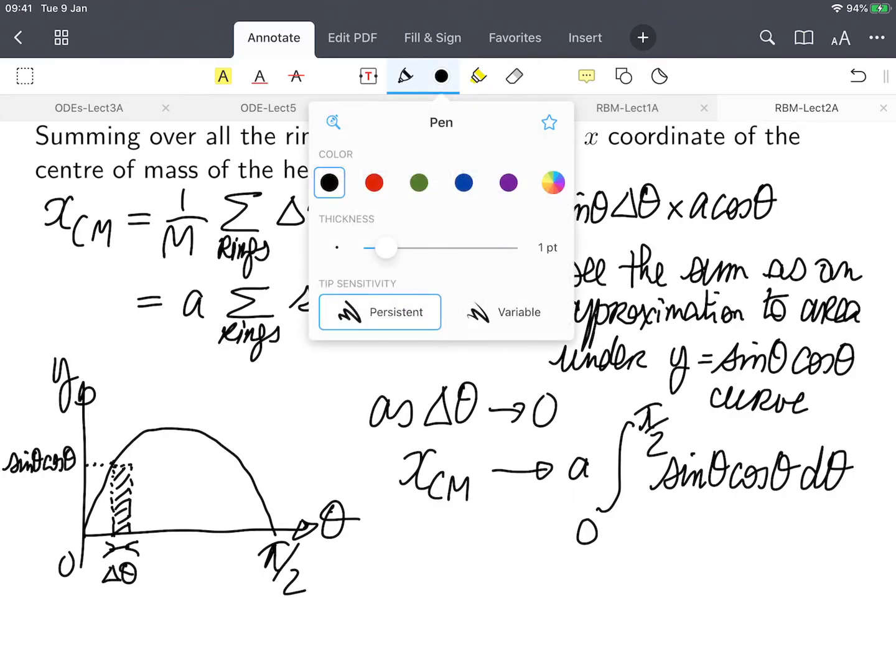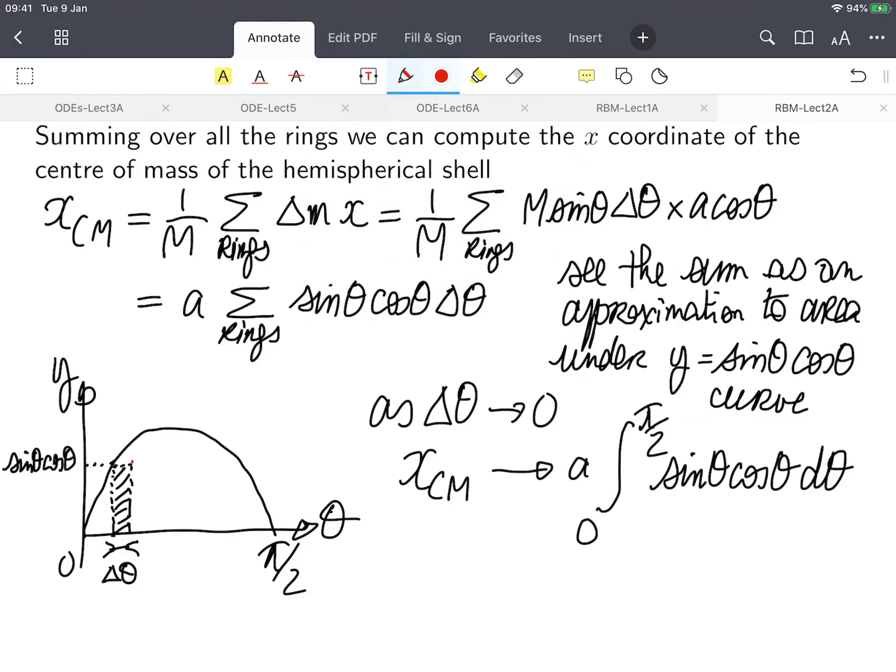Okay, I'll show you again. If I was to sum up, like I'm doing here, all those little rectangles, I will get an approximation to the area underneath the curve. I'll just be missing the area of those small triangles.